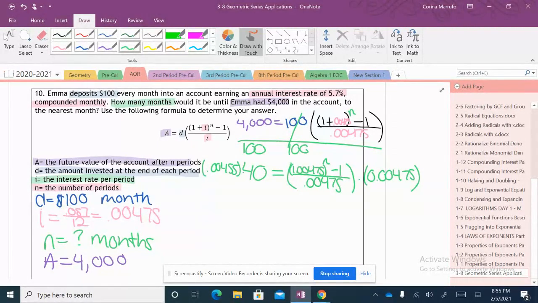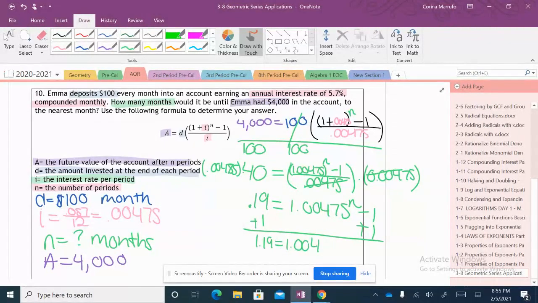Then let me put that in, 40 times 0.00475. That's 0.19 equals, this cancels, we have 1.00475 to the power of n minus 1. Then we're going to add 1 to both sides, we get 1.19 equals 1.00475 to the power of n.